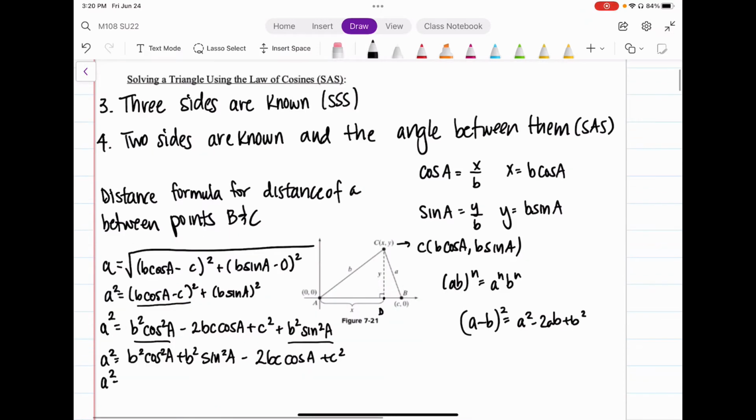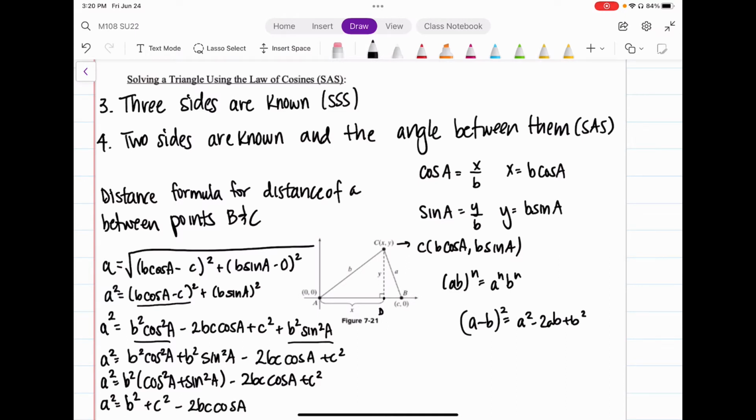Factoring out the b squared, I have b squared times (cosine squared A plus sine squared A) minus 2bc cosine A plus c squared. And remember, cosine squared A plus sine squared A is just 1. So that's b squared plus c squared, I'm just going to move that term closer to the front of the equal sign, minus 2bc cosine A.